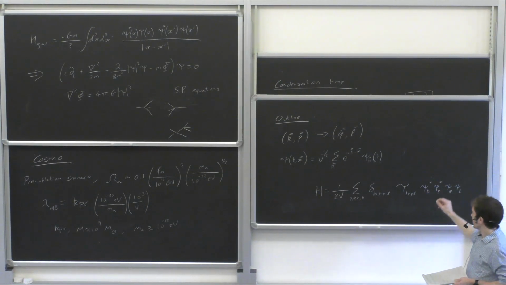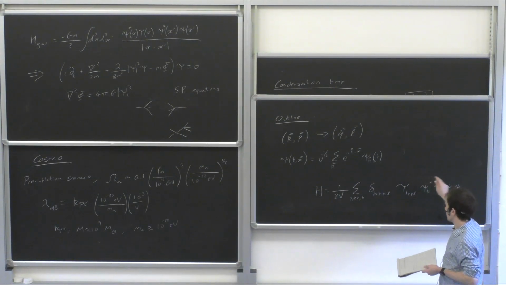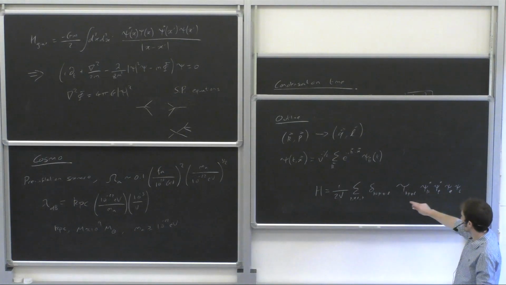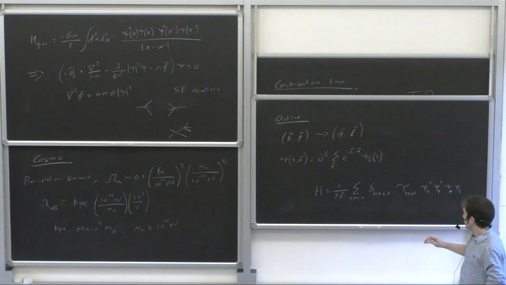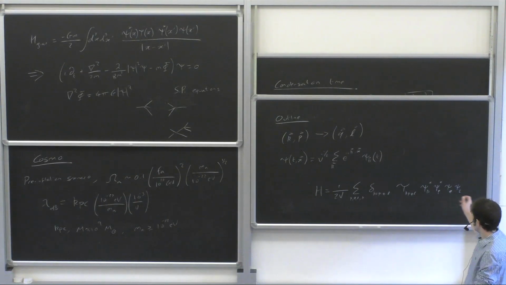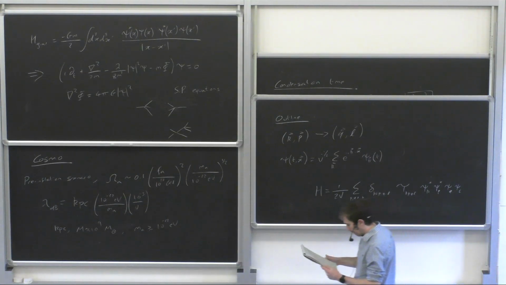So this corresponds to some process that conserves the total momentum but changes the momentum of the individual modes while still preserving the axion number density.